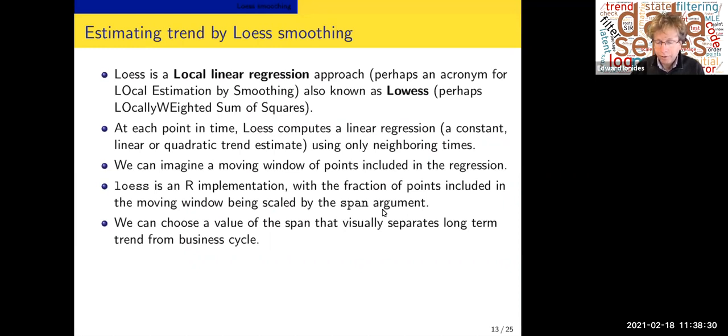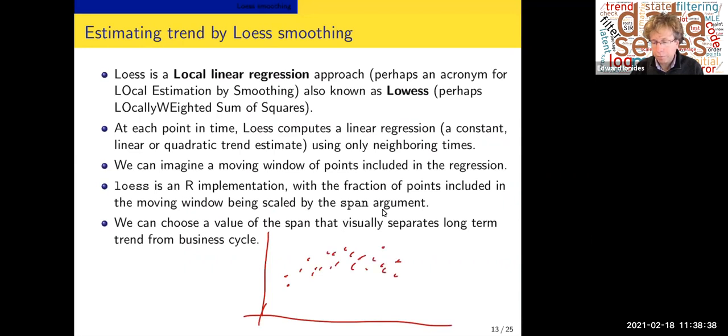So if you have a scatter plot of points, and you want to know what is the smooth value at this point in time, you take a window.